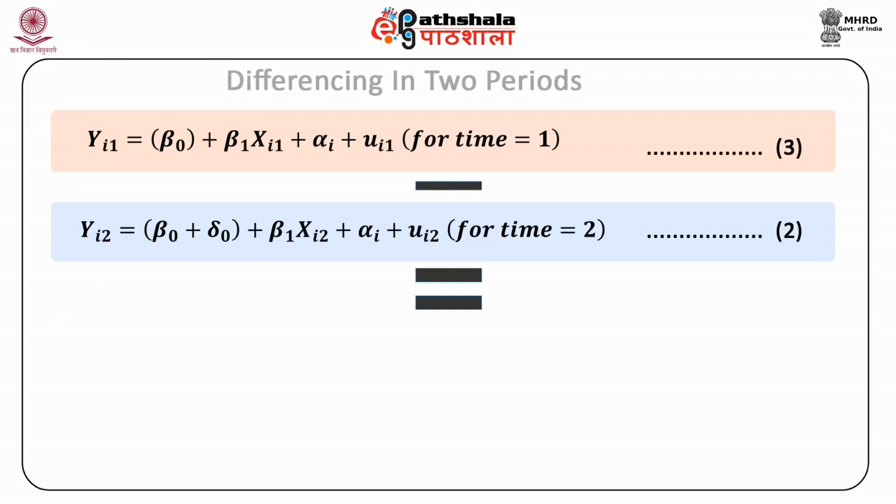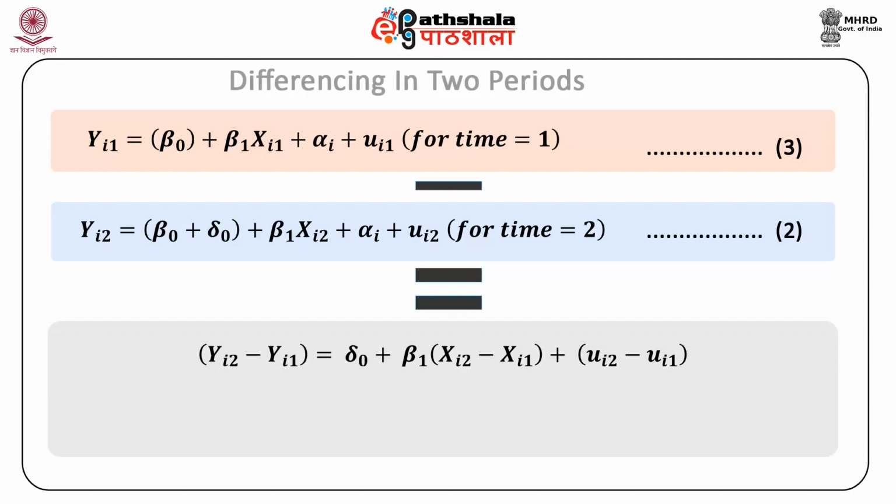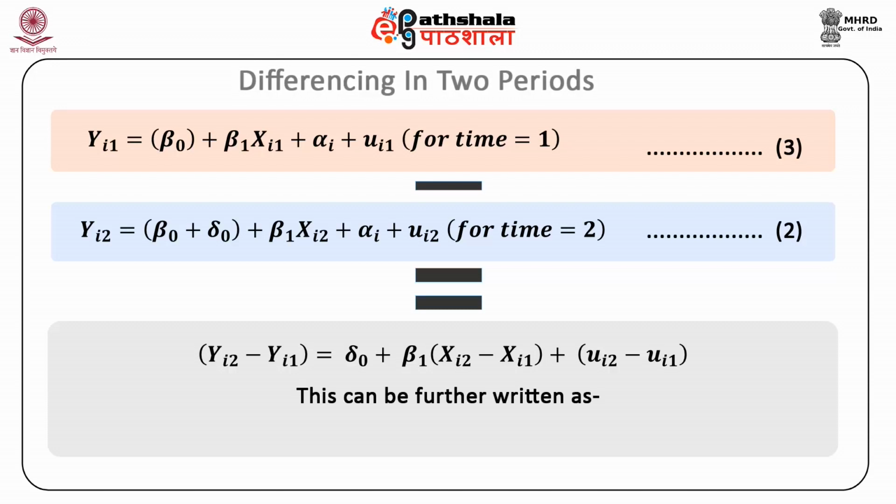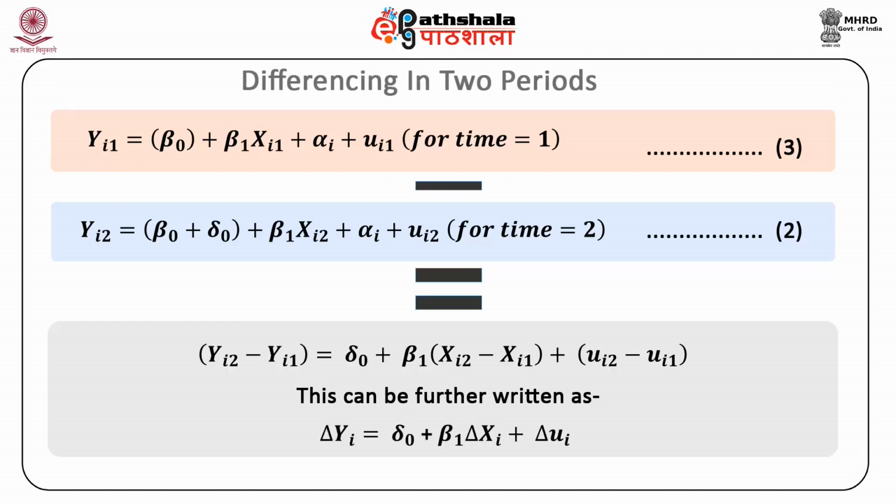Now subtracting 3 from 2, we get y_i2 - y_i1 = delta_0 + beta_1 (x_i2 - x_i1) + u_i2 - u_i1. This can be further written as delta y_i = delta_0 + beta_1 delta x_i + delta u_i.